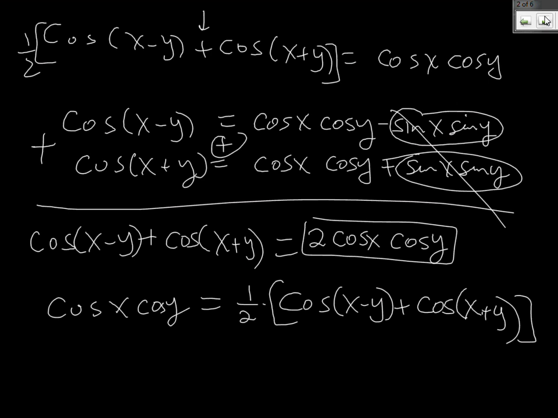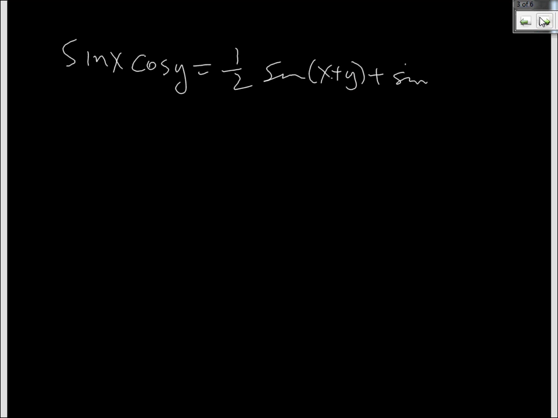Let us now look at the third product to sum or difference formula. We want to now look at the sine of x times the cosine of y, which is equal to sine x plus y plus, should be plus, the sine of x minus y.